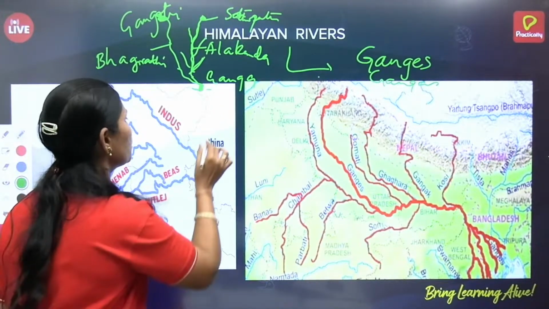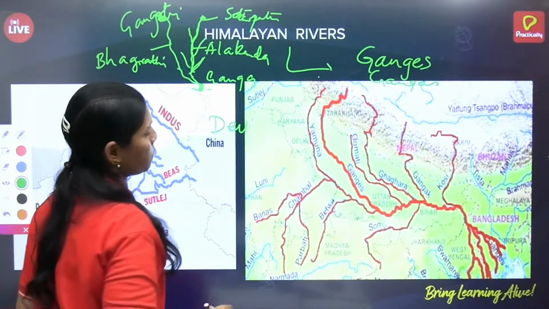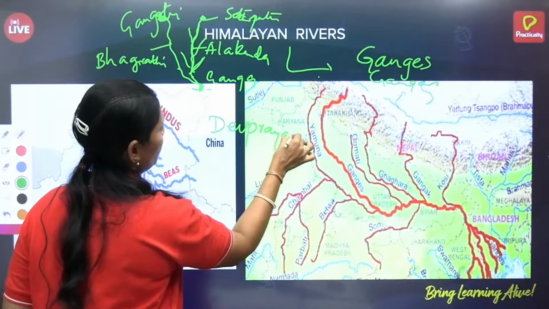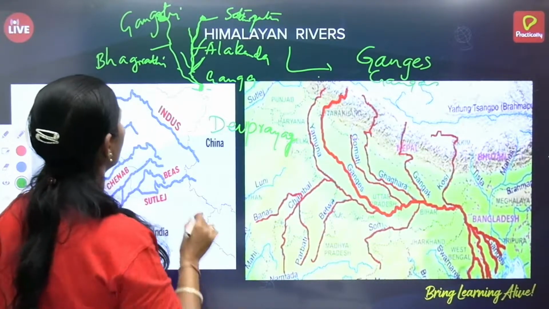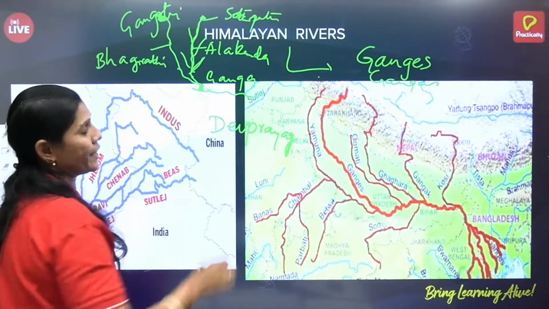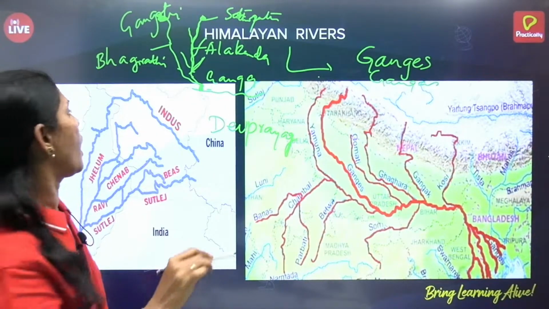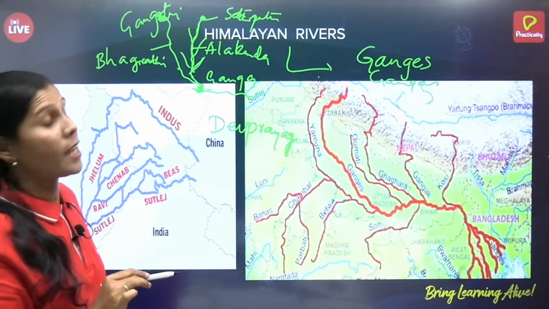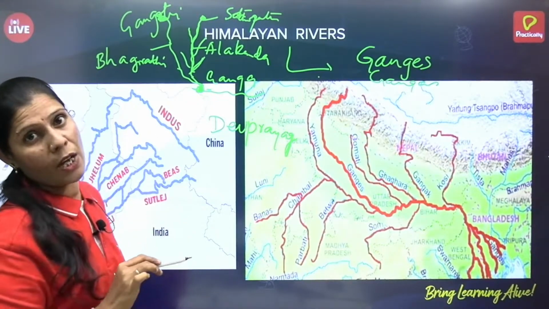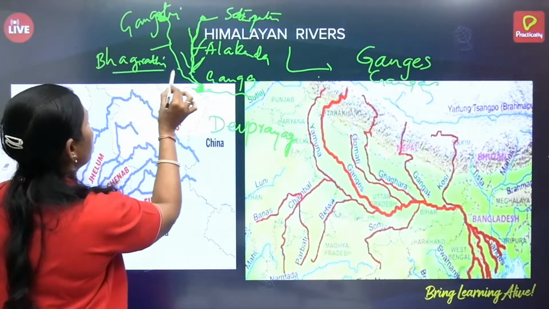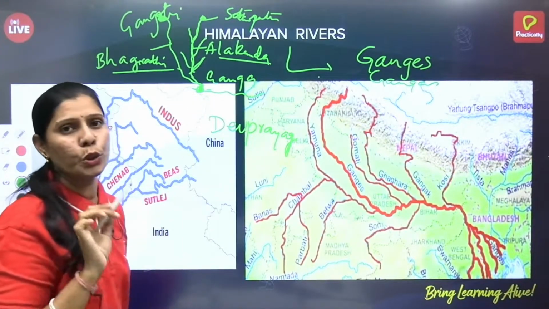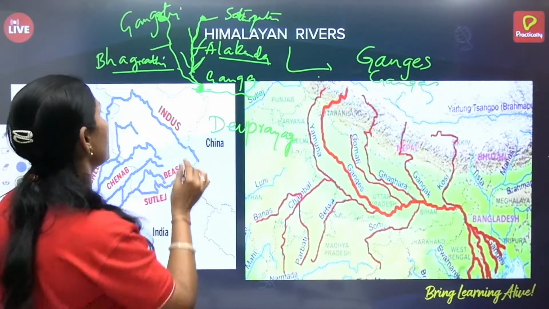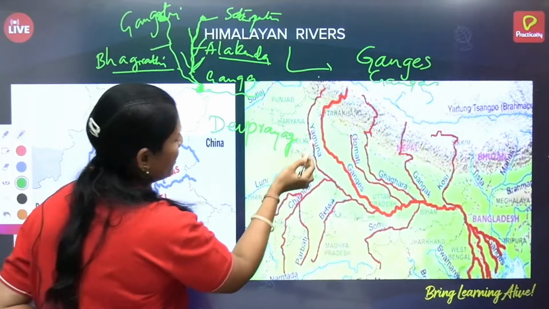As per your textbooks, note this point: at Devaprayaga the Ganga journey starts. Bhagirathi and Alakananda, two streams, join together to form the river Ganga. So it starts its journey like that.